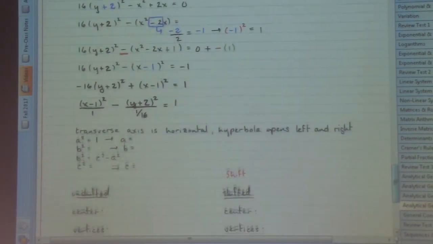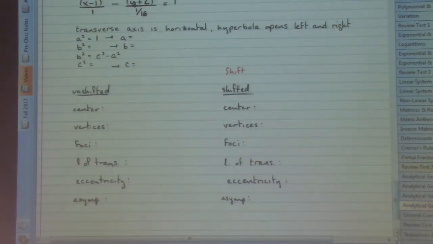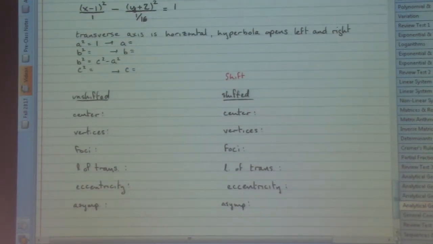Let's bring this up so it's a little more convenient for us to do the rest of our work along the way. So a squared is equal to 1, and that means the b squared would be the other denominator number, 1/16. If a squared is equal to 1, that means a is equal to 1.